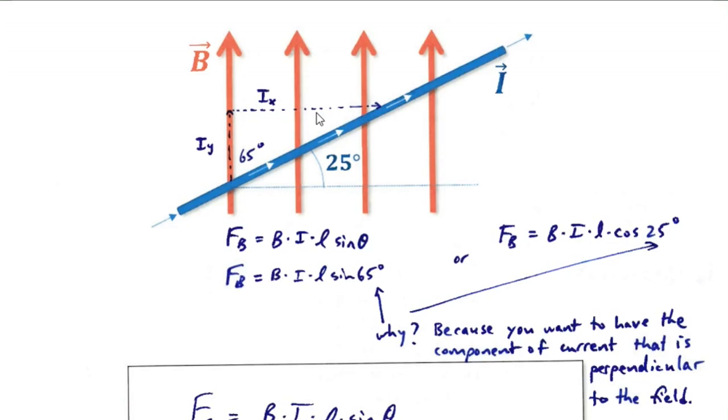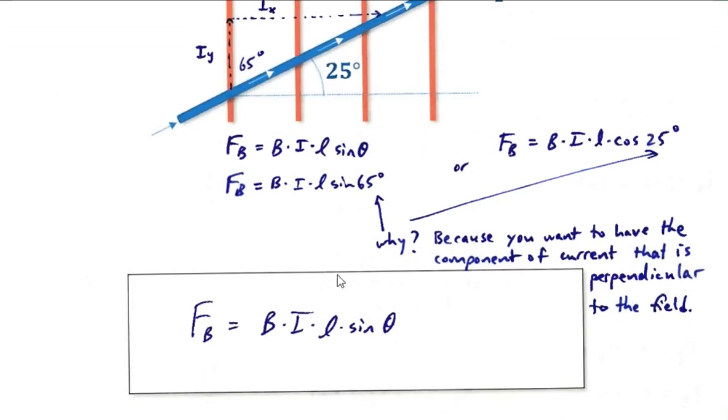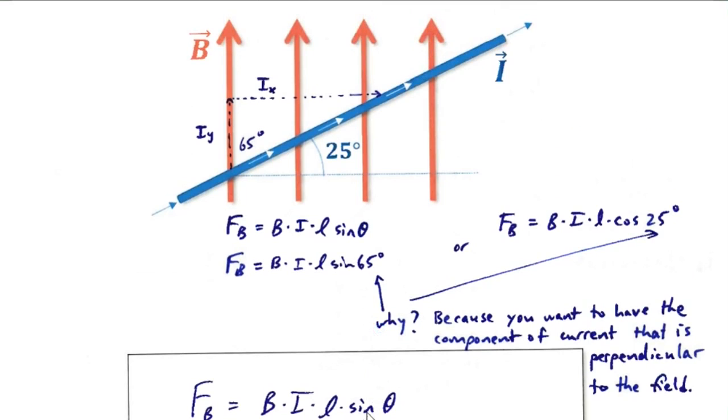I know it gets a little bit confusing because there's cos, and the formula that's given is right over here. Our force is equal to our magnetic field times our current times our length multiplied by sine theta.